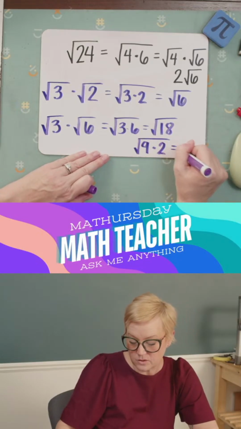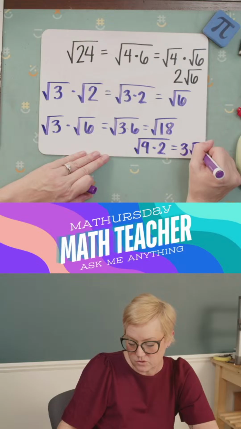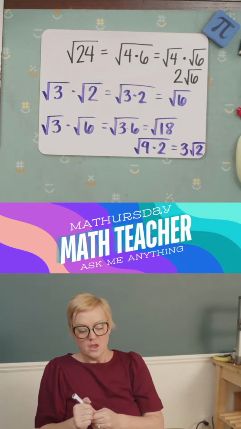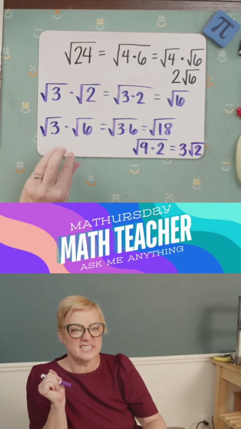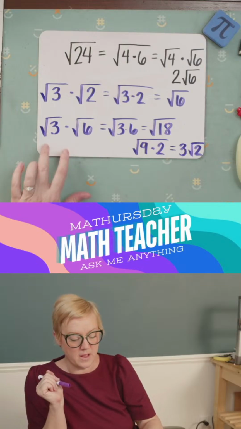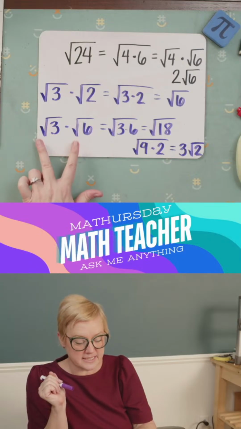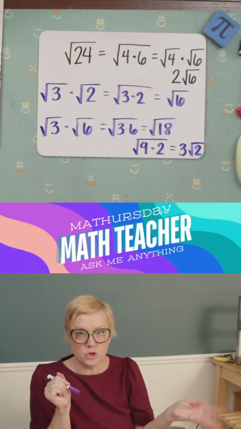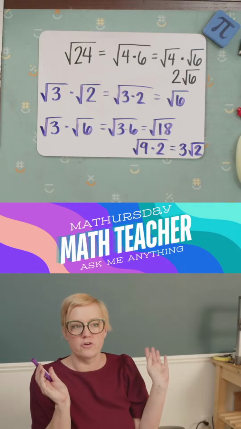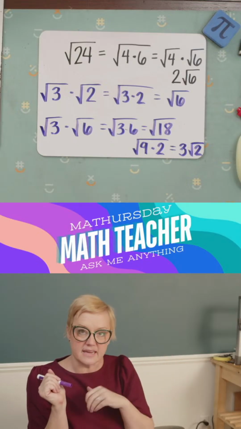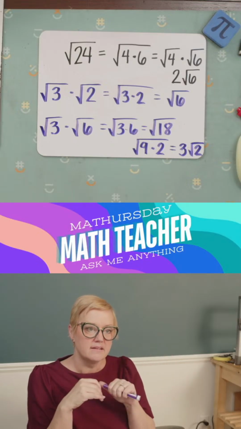Square root of 9 is 3. Square root of 2 is the square root of 2. So multiplying those radicals, you can stick them underneath the same radical symbol as long as it's the same index, okay? So as long as it's the same root, like square root, cubic root, fourth root, whatever it is, right? You can stick them under the same radical sign, okay?